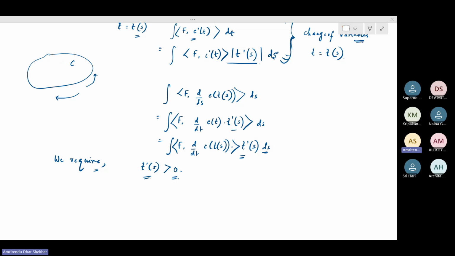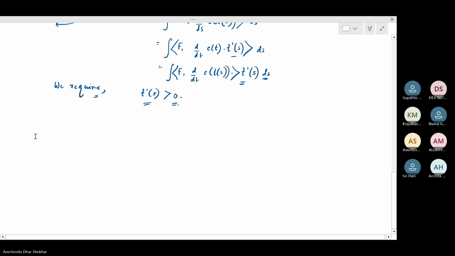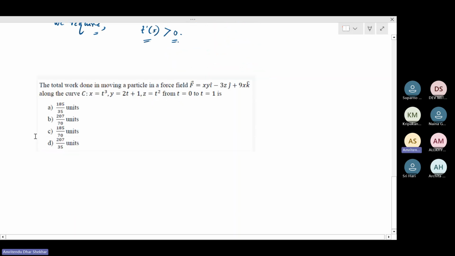I'll give you one problem. Problems are actually quite routine, so there is not anything that you should worry about. Here you have a problem, which is you have a force field, and you define the curve.